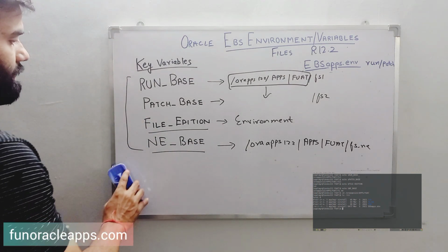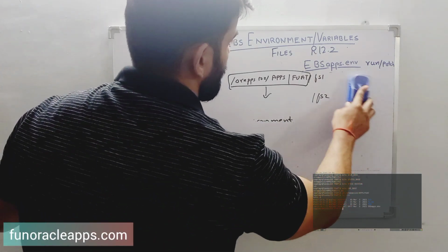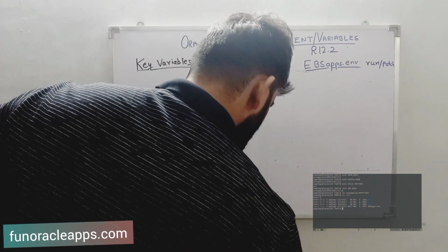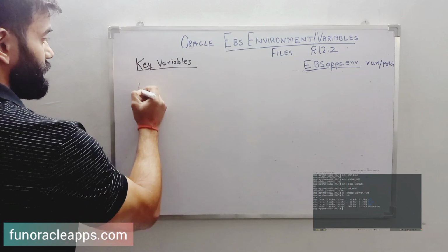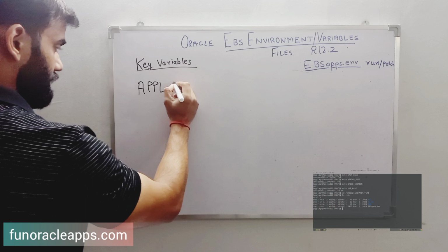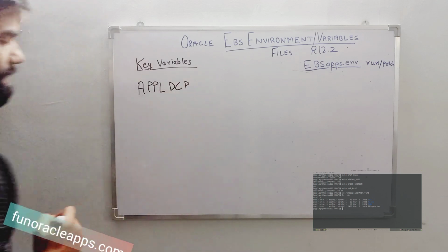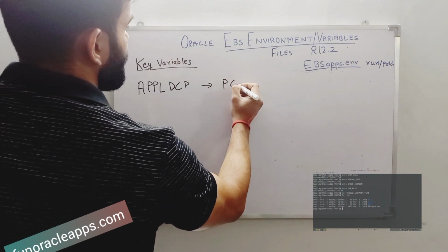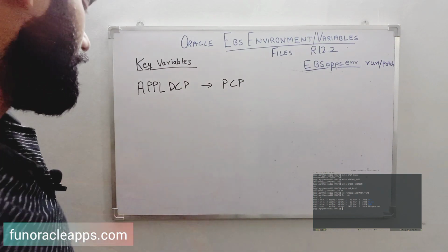Now next, some important variable is APPLDCP. This variable will tell you whether PCP, parallel concurrent processing, is enabled or not.